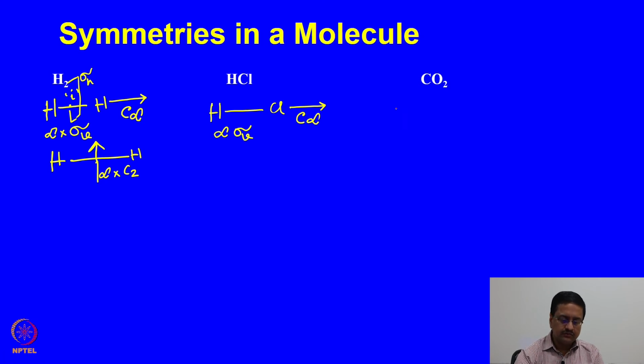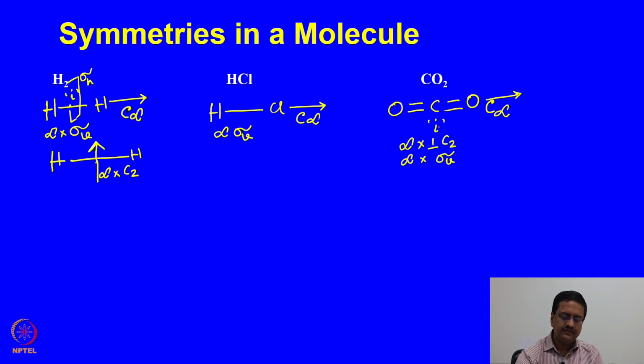Now, if we go to CO2, you see it is very similar to hydrogen, because it has a center of inversion, or I. This molecule has a C infinity axis, an infinite number of perpendicular C2s, and an infinite number of sigma v's.